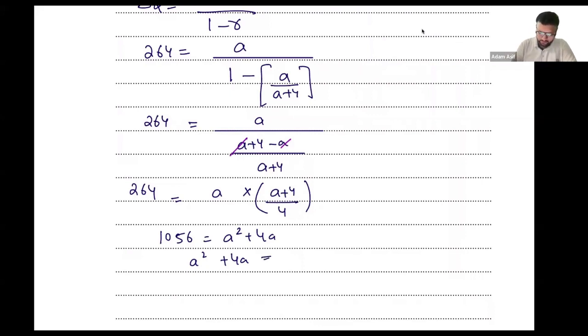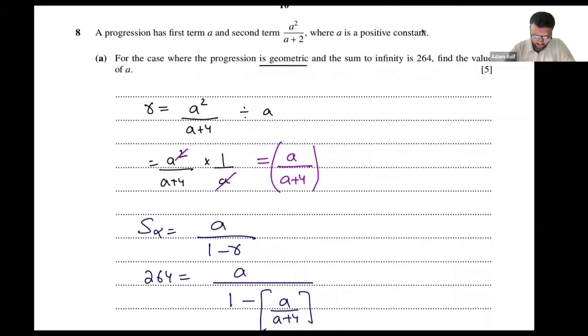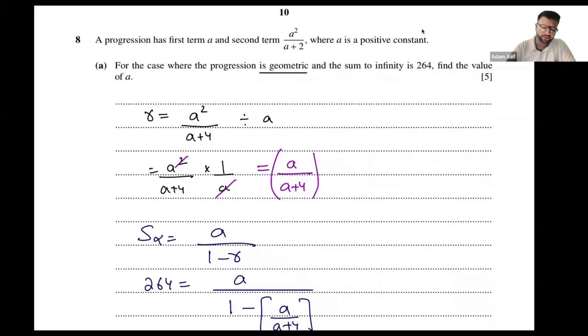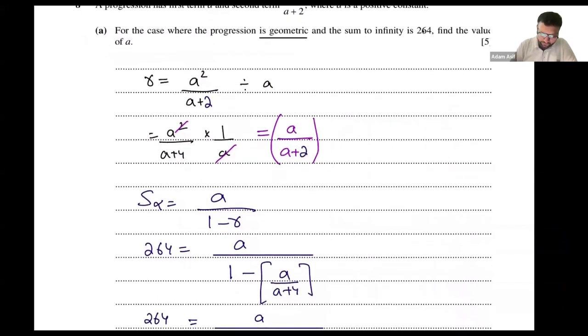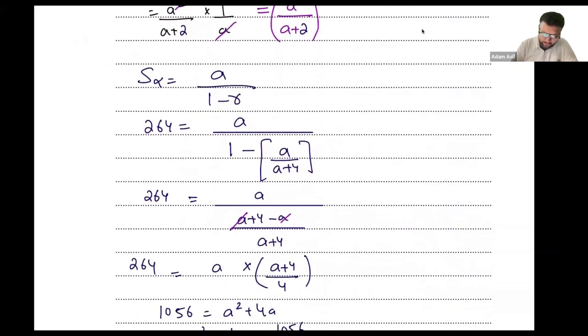Was it a plus 4? Oh, my bad. Sorry. Let's correct this. This is a plus 2. I accidentally wrote a plus 4. It's going to affect my calculation. I'm just changing it. It's a plus 2, a plus 2, a plus 2.